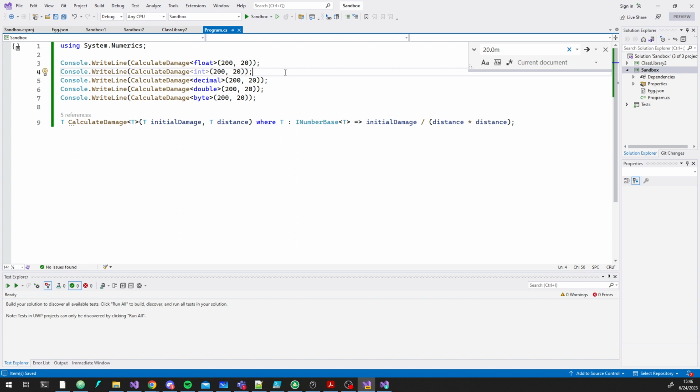The things that we would have done otherwise would be probably just copy it. Have either one of two things: either copy it and have a float version and an int version and a decimal version, and it's just copy pasted code, or alternatively we just settle on one specific type and say, look, we only need floats.